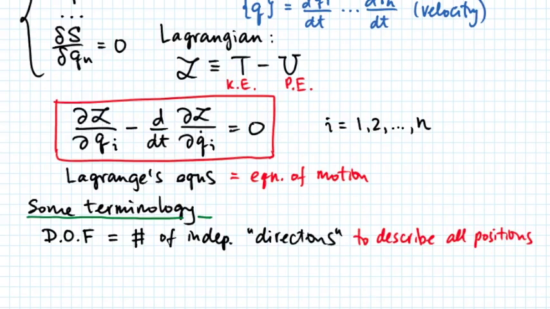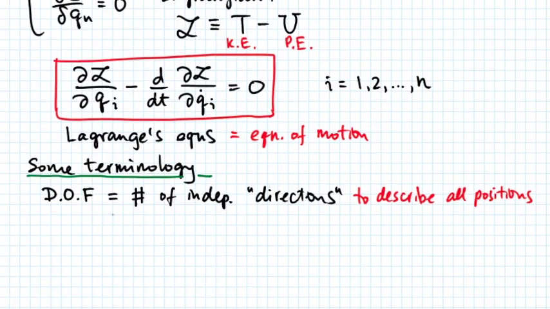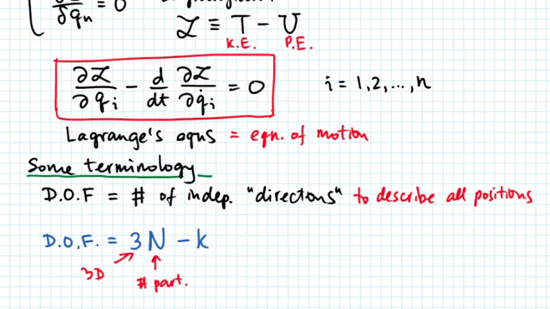For example, if we have n particles in 3 dimensions and we have k constraints, then degrees of freedom will be given by this equation. Once again, n here is the number of particles. The factor of 3 designates the fact that we work in 3-dimensional space, and k will be the number of constraints.